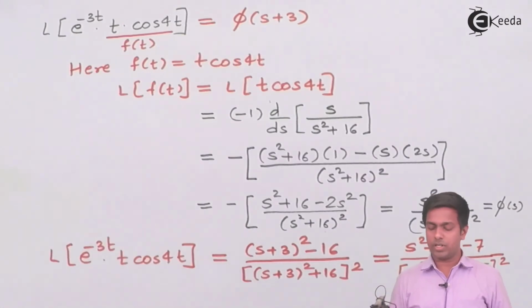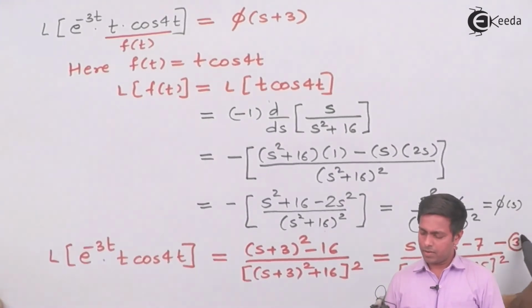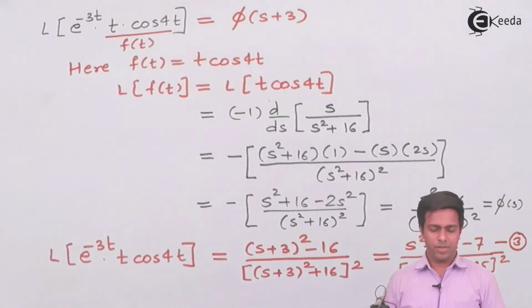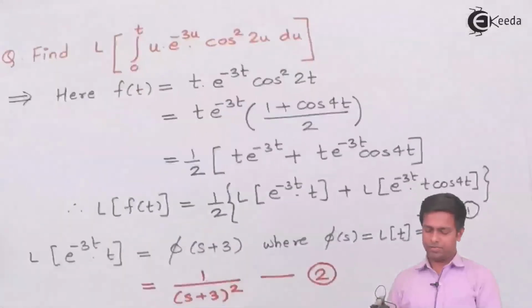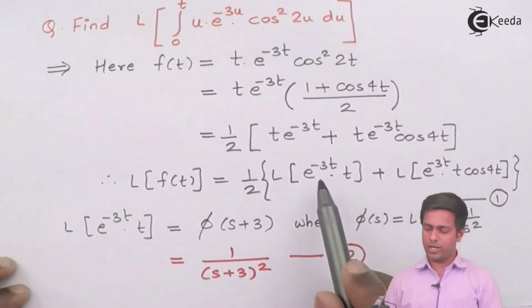So now we got the value of the Laplace transform of e to the power minus 3t into t into cos 4t. Now guys, we will call this equation number 3, and we are going to use equation number 3 and equation number 2 in equation number 1. So in equation number 1 we have to substitute two values.